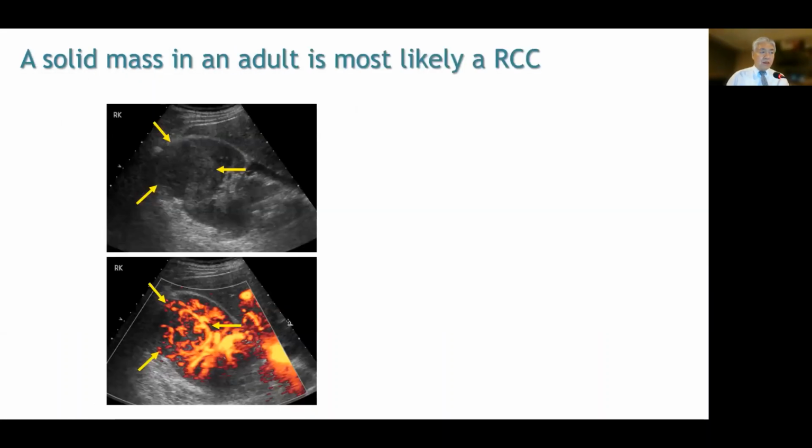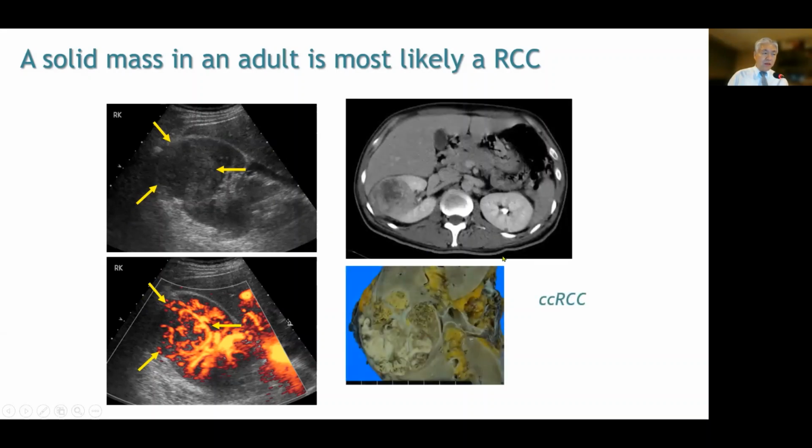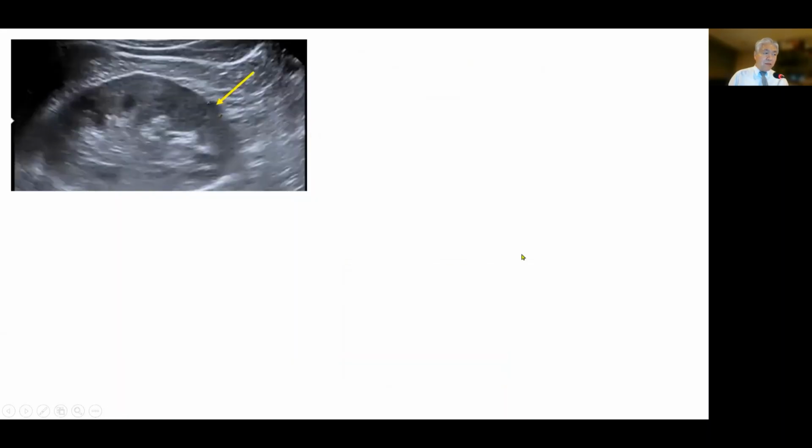Once again, a solid mass in an adult is most likely a renal cell carcinoma. When a mass is large, it is easy to characterize. But if a mass is small, it may not be easy. Here is a very small isoechoic mass, and it is probably too small to characterize with grayscale ultrasound only.